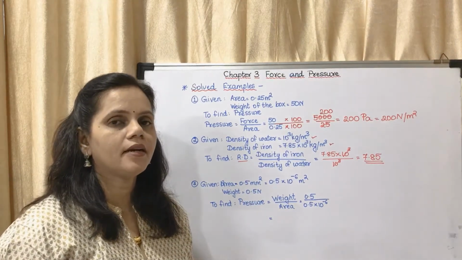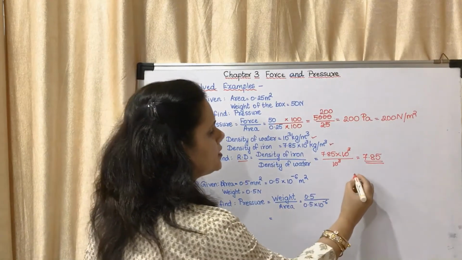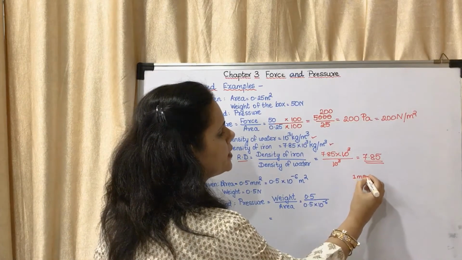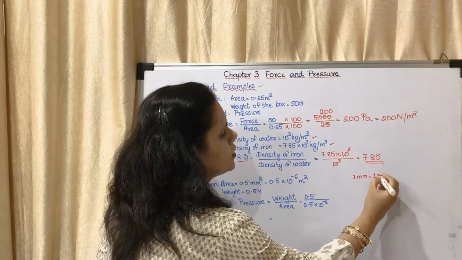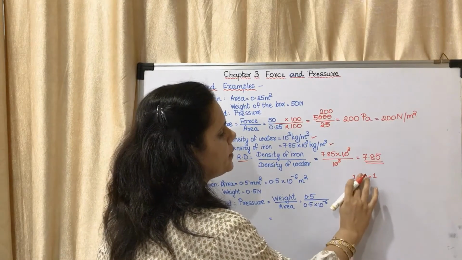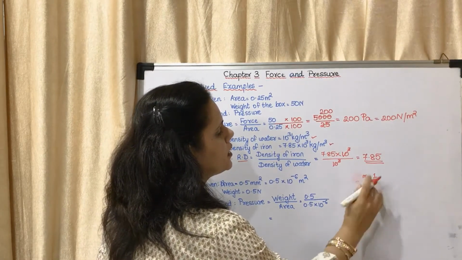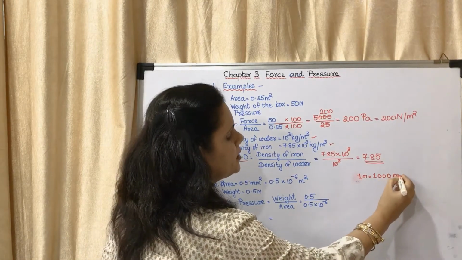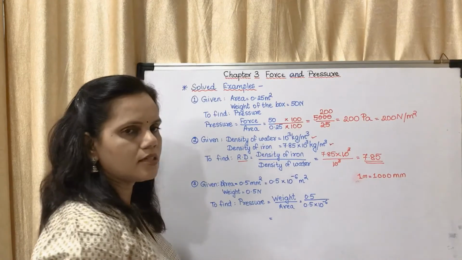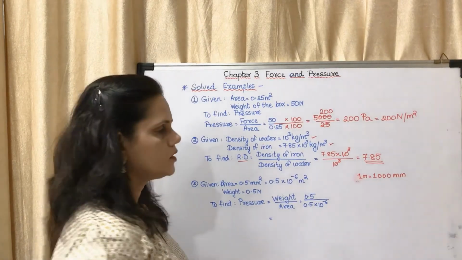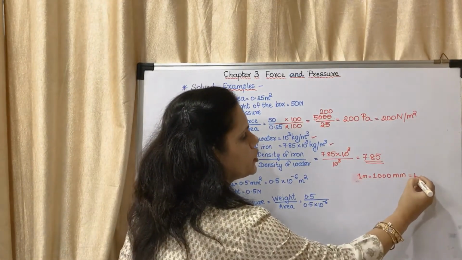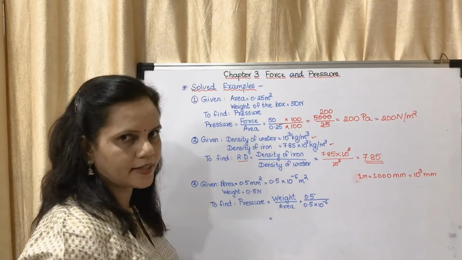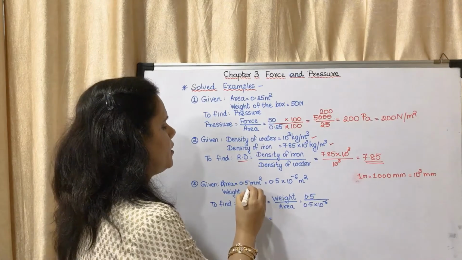What is 1 millimeter? 1 meter is equal to 1000 millimeter. This is equal to 10 raised to 3. 1000 means 10 raised to 3. Now here it is millimeter square.